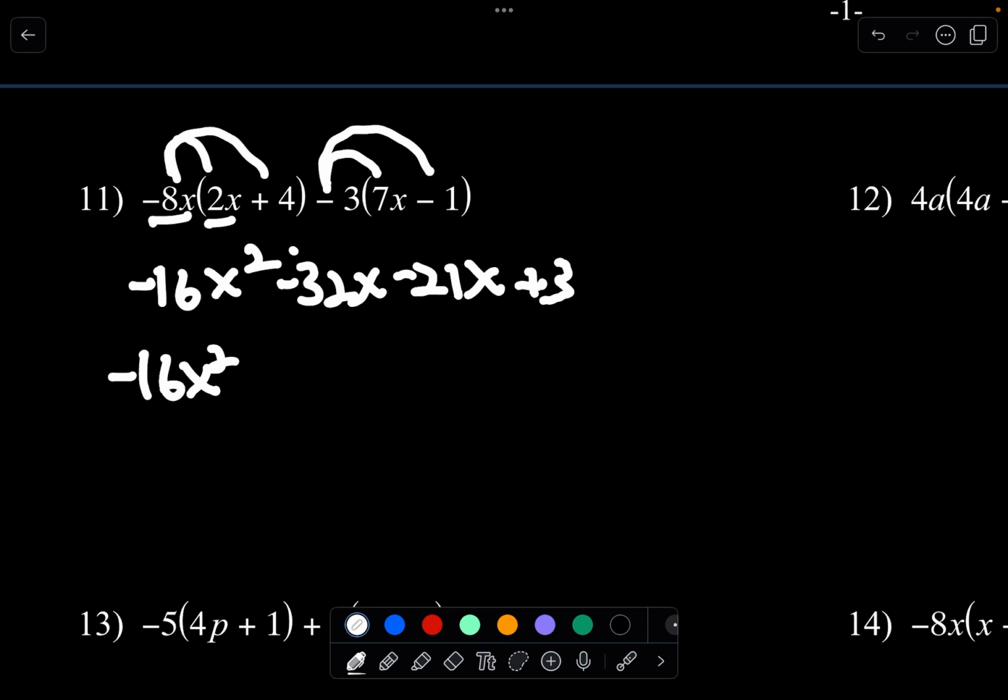We have to figure out what negative 32x minus 21x is, and when you subtract, you add the opposite, so it's negative 32x plus a negative 21x. When you add and the signs are the same, you add the numbers and keep the sign. So 32 plus 21 is 53x. So this one's a little bit ugly.